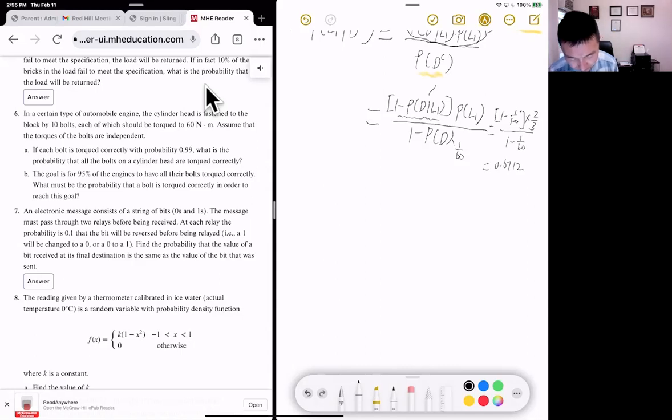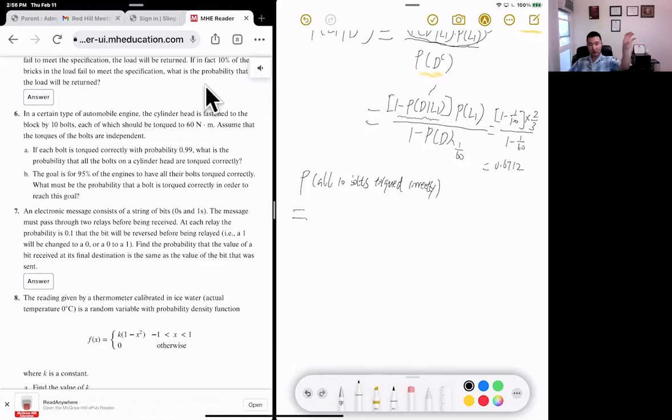So the engine has 10 bolts. For each bolt, the chance it is torqued correctly is 99%. Asking the probability all 10 bolts are torqued correctly. The question tells us each of these 10 bolts works independently, so we can think of this experiment as 10 steps.